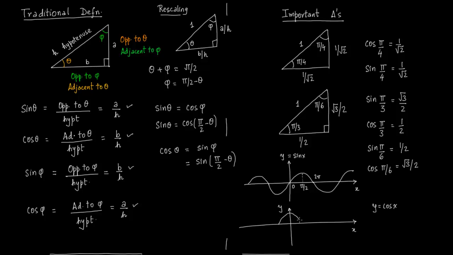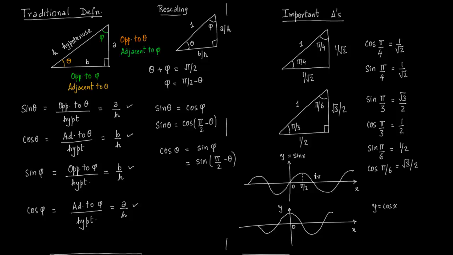So cosine will look like this. At 0 it is 1, at pi by 2 it is 0, and so on. So notice that sine and cosine are moving in opposite directions. So you have 0 here, pi by 2 here.